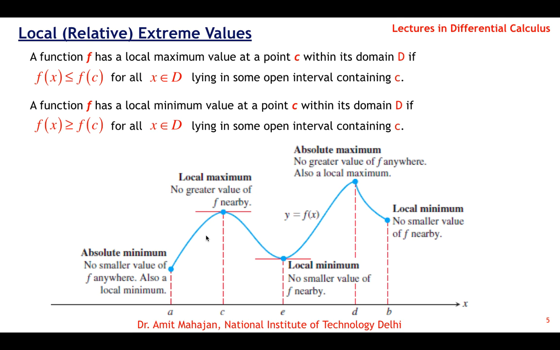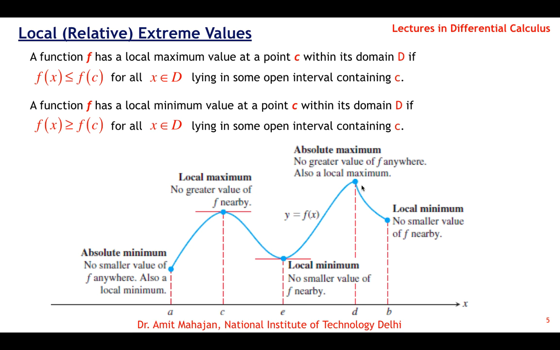If I consider the interval from here to here, an open interval containing the point c, then the corresponding values of the function will vary from here up to here. So this f(c) value will be greater than all f(x) values of the domain lying in this open interval. So this becomes a local maximum.